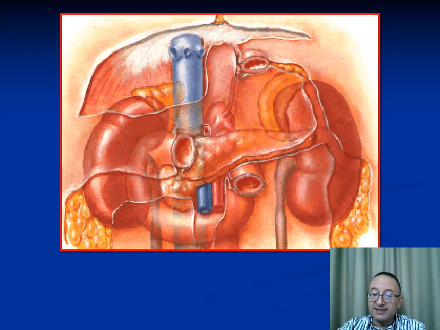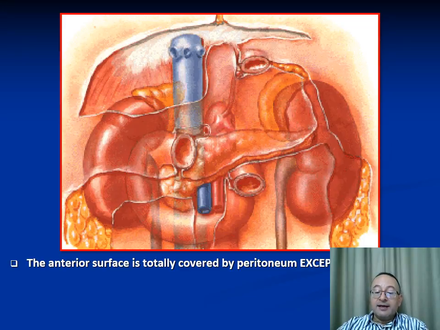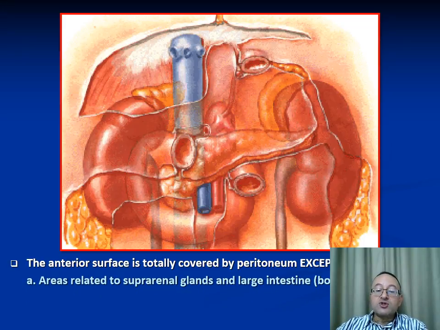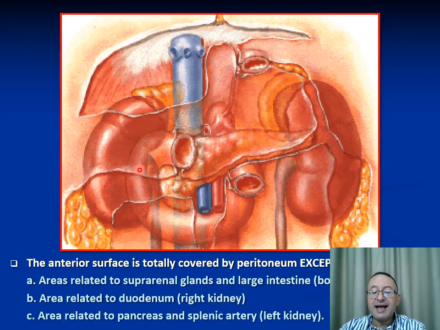What are those organs? Number 1, suprarenal glands. They are directly related to the kidney, and parts of the large intestine. What else? I have areas related to the duodenum. It is directly related to the duodenum. No intervening peritoneum. And finally, the area related to the pancreas and splenic artery.